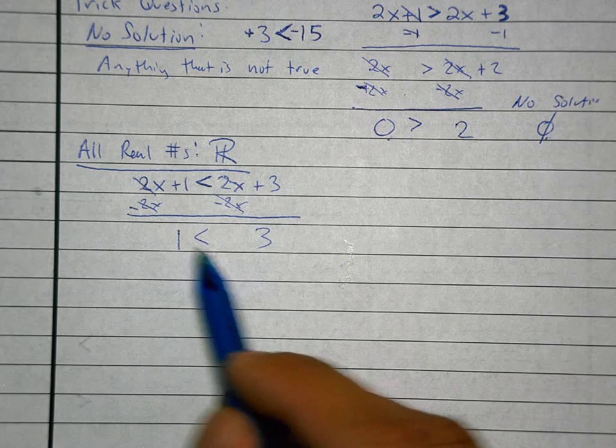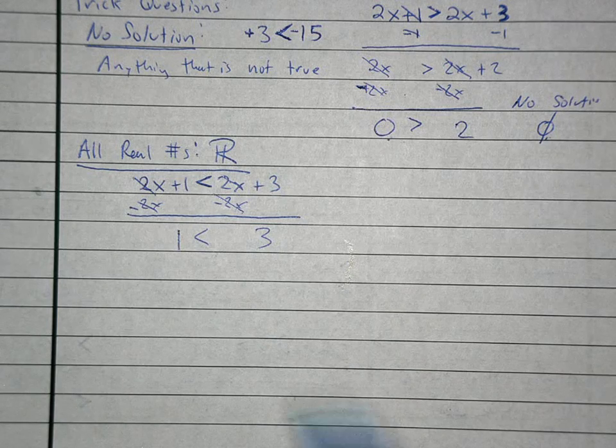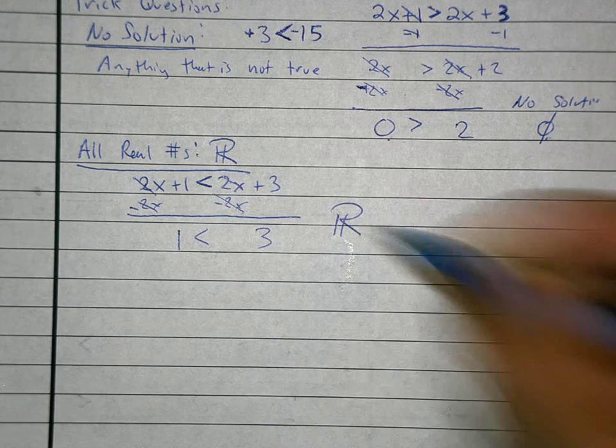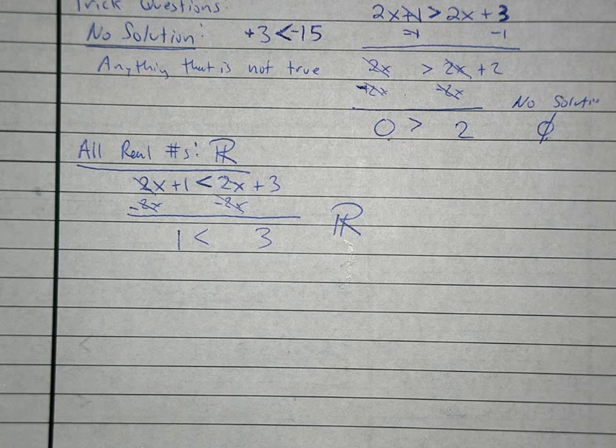If you get something where there's no variables, 1 is always less than 3, then this is where we would put that it's all real numbers.